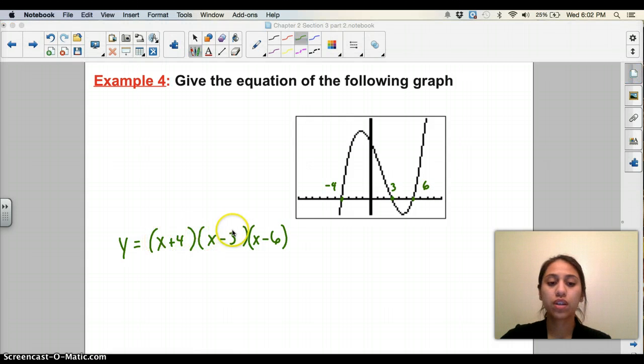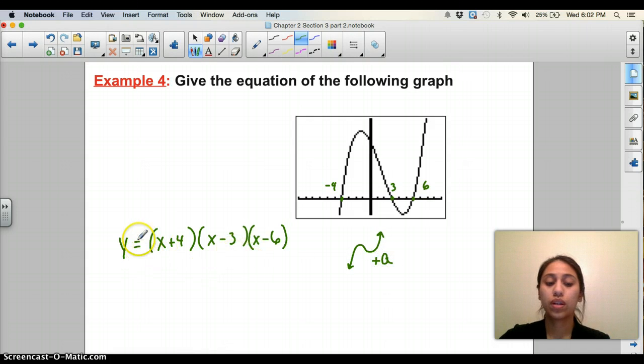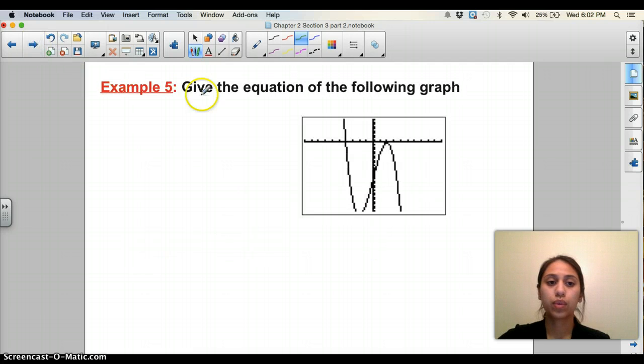You could factor this all out and see that this is a y equals to an x cubed value, but that's not necessary. You can just leave it like this for now. And if you go back and look at our cubed graphs, you would see that for one shaped like this, with end behaviors like this, the a is a positive value, so there's no negative sign necessary here.